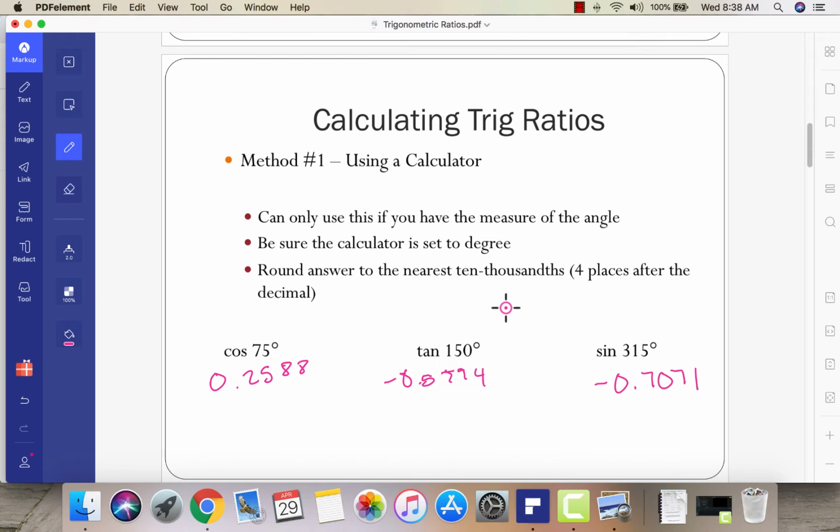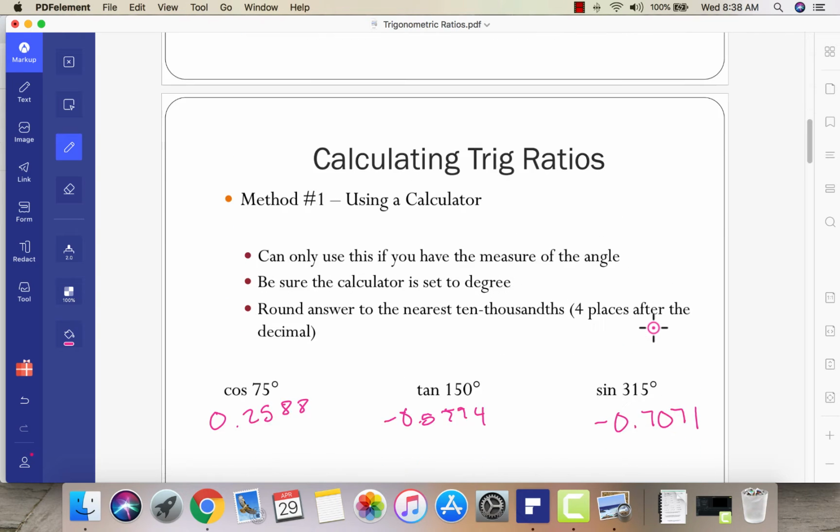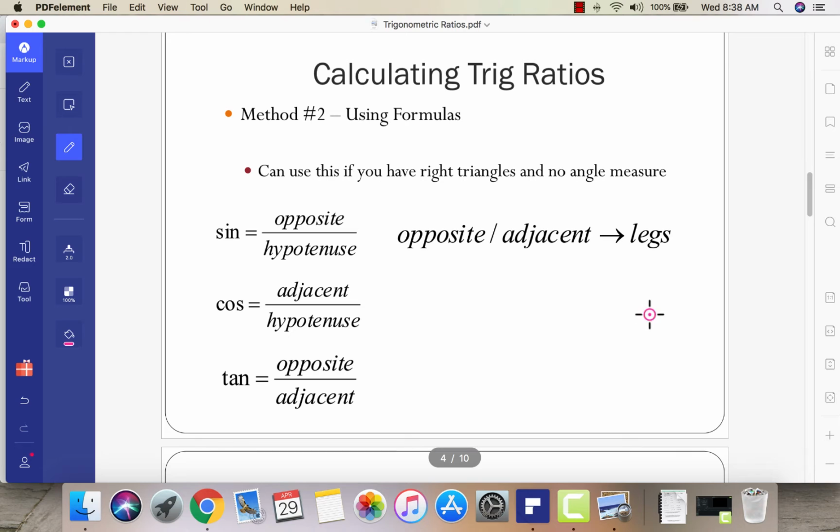So that's if we have the angle measure. But there are times that we do not have the angle measure. So calculating trig ratios, method number 2, using formula. You can use this if you have a right triangle and no angle measure.